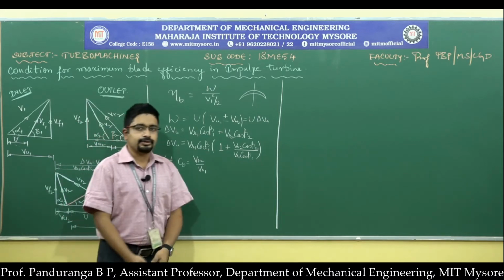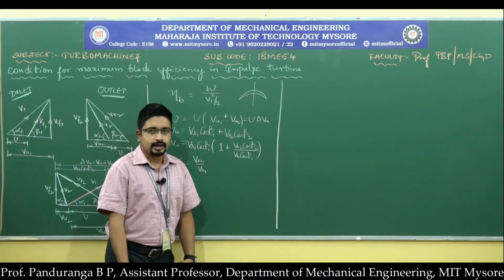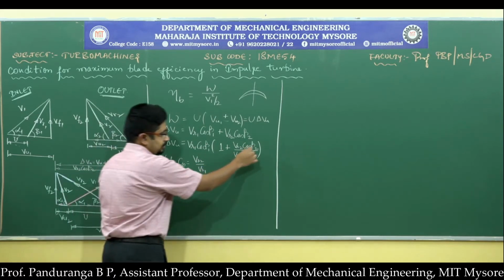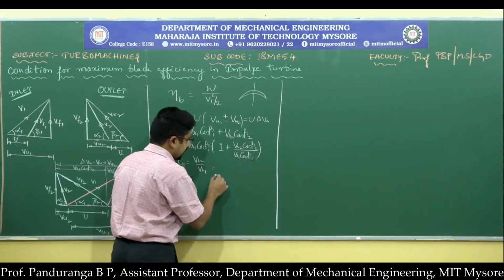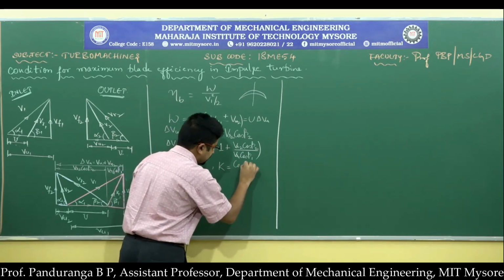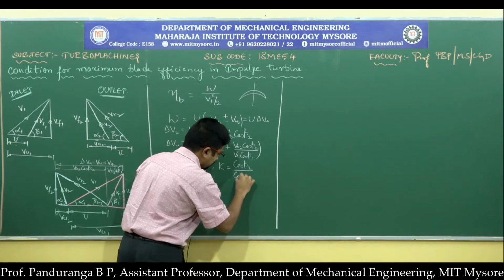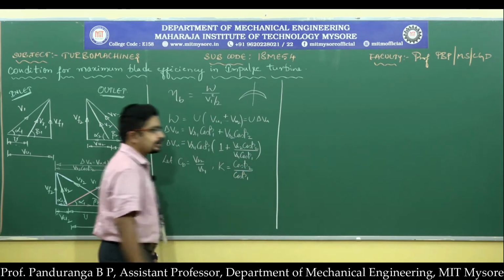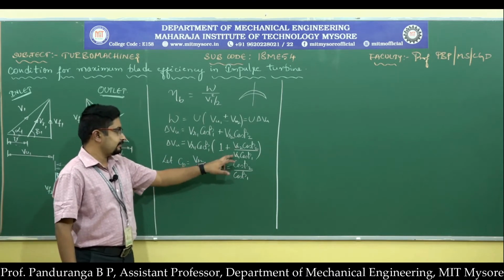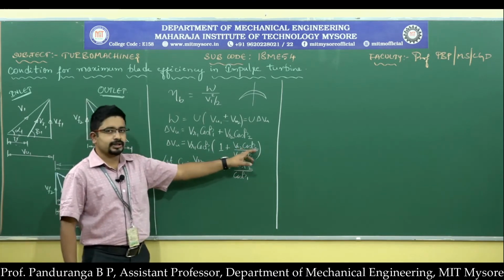But again due to fluid friction and other factors, we will not be able to achieve the same blade angles. So I will call the ratio cos beta 2 divided by cos beta 1 as K.